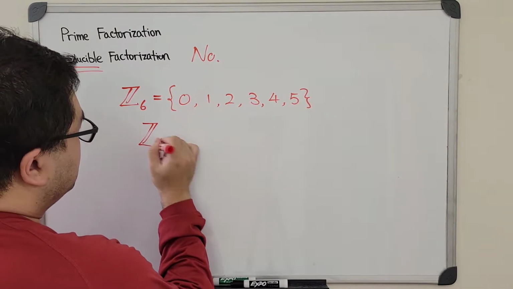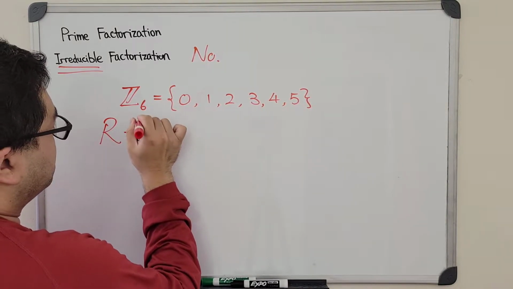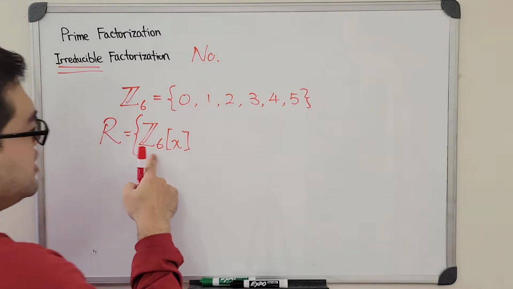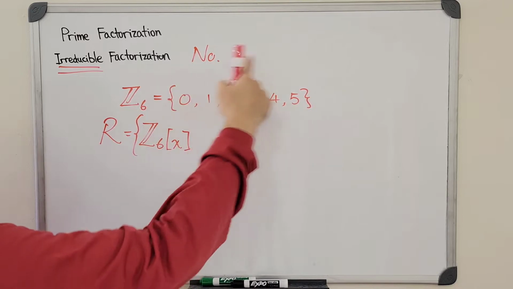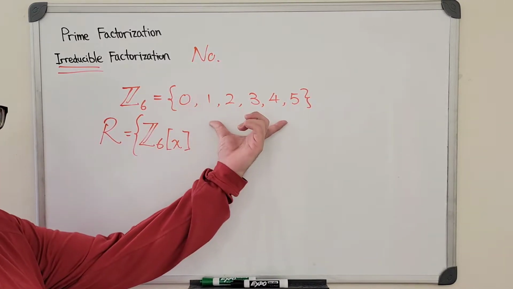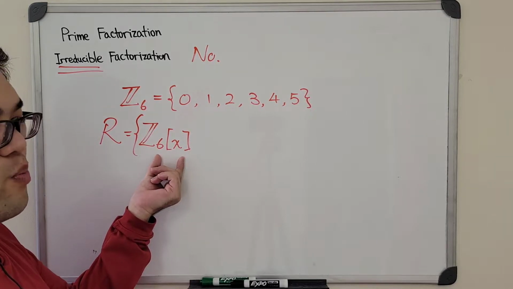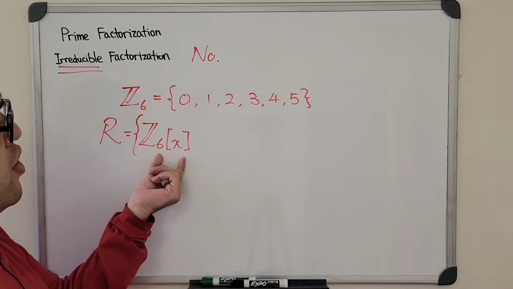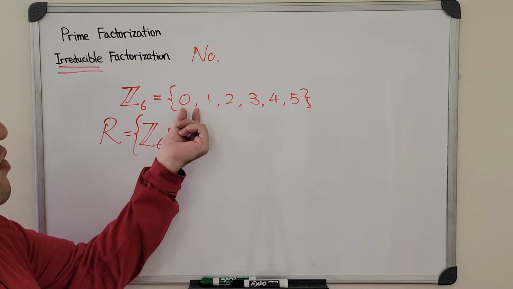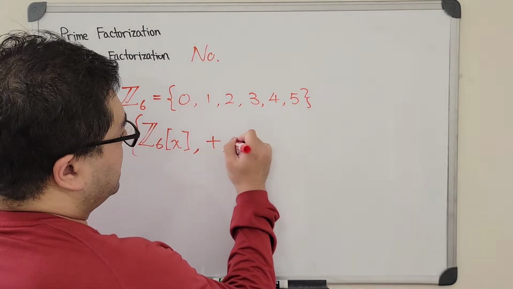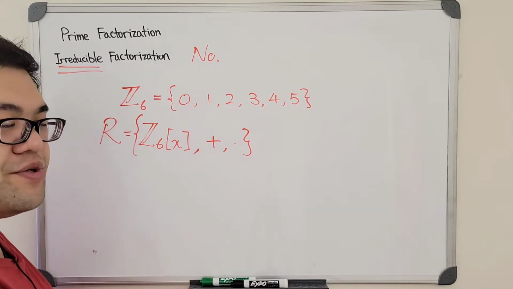So this is the actual ring that we're going to use. We're going to consider the ring Z6, meaning that these elements here join with X. So we're going to make polynomials with coefficients from 0 up to 5. Okay, and of course our operations will still be multiplication and addition.